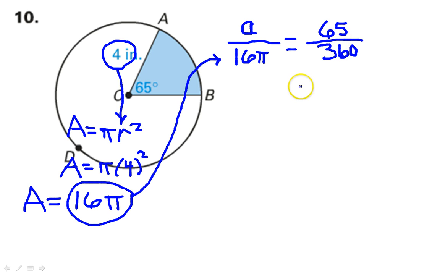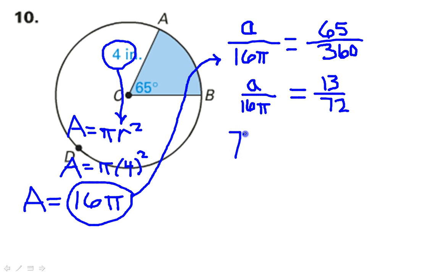So just put that in your calculator and tell me what you get. 13 over 72. Your calculator just reduces that for you. So a over 16 pi equals 13 over 72. Now it's time to cross multiply.